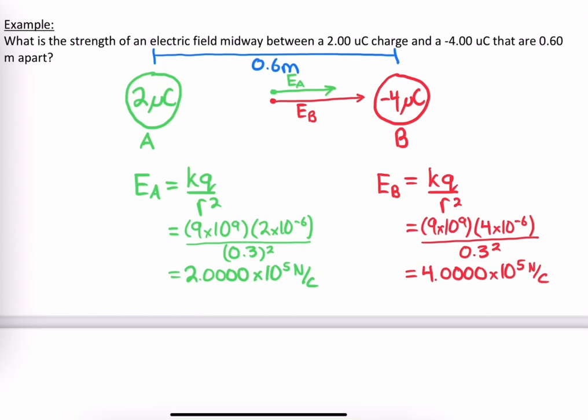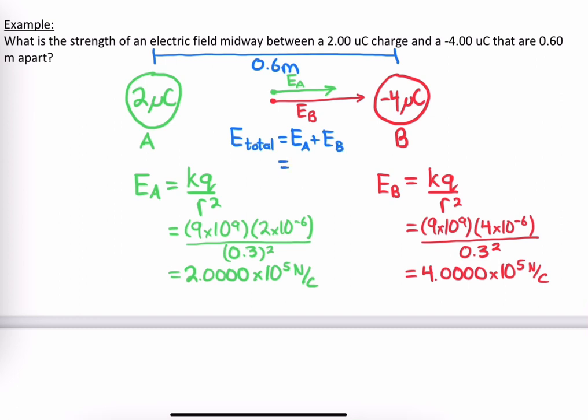We can do that right in the middle here. The total electric field strength is going to be the electric field that comes from A plus the electric field that comes from B.